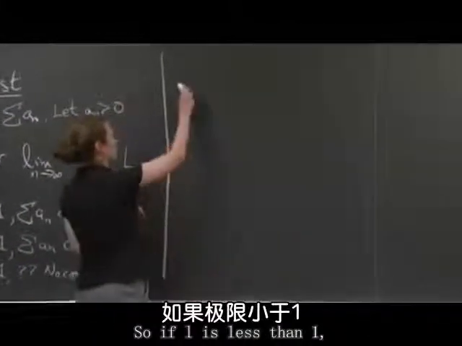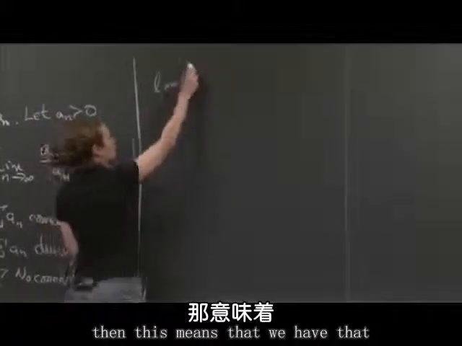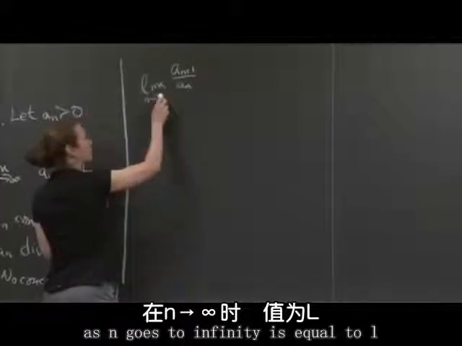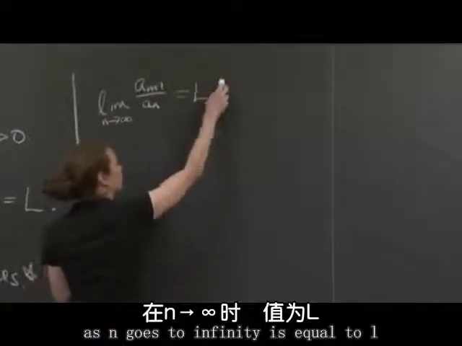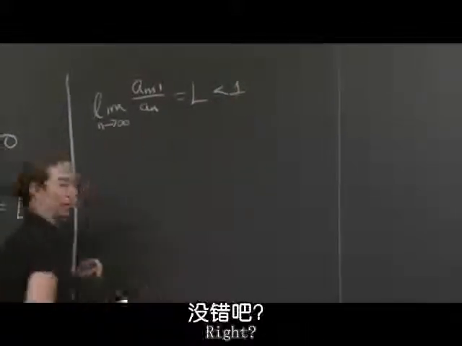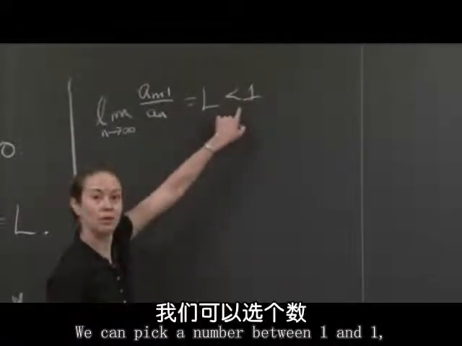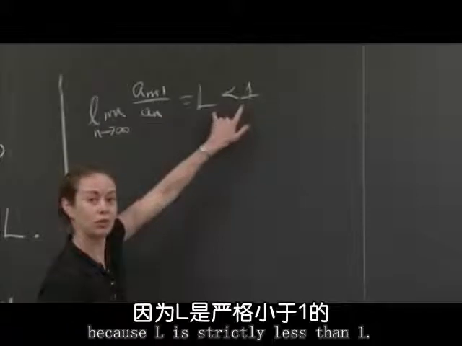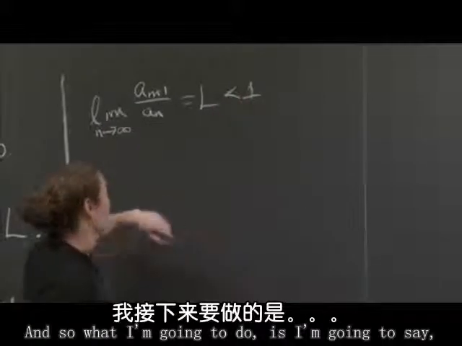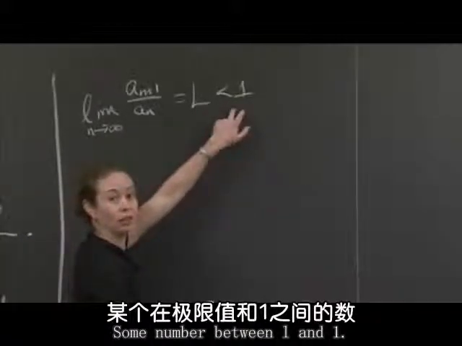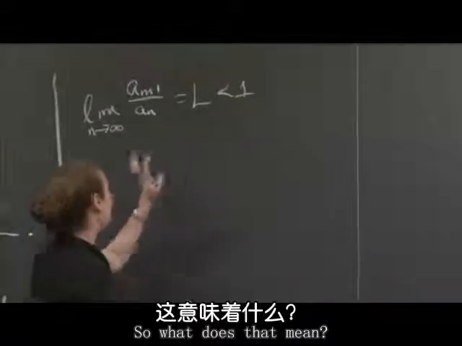If L is less than 1, then this means that the limit of a sub n plus 1 over a sub n as n goes to infinity is equal to L, which is less than 1. So we can pick a number between L and 1 because L is strictly less than 1. I'm going to call this number R, some number between L and 1.